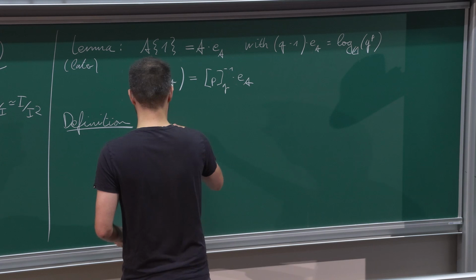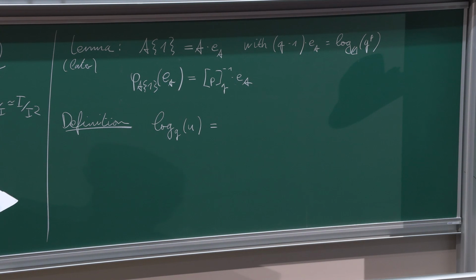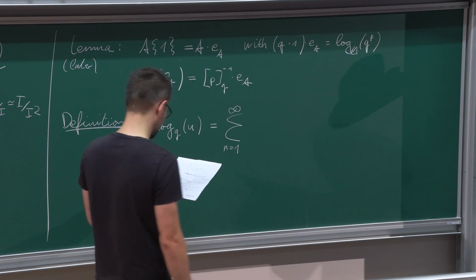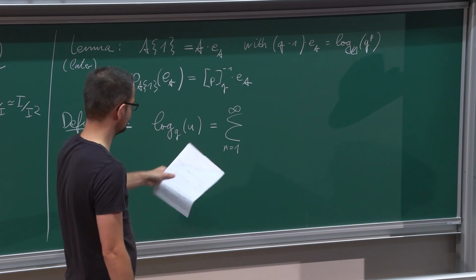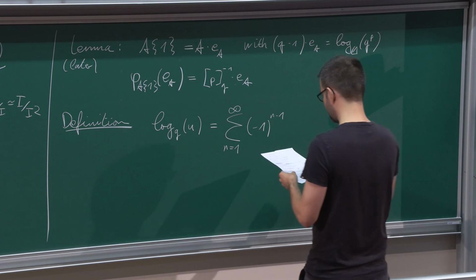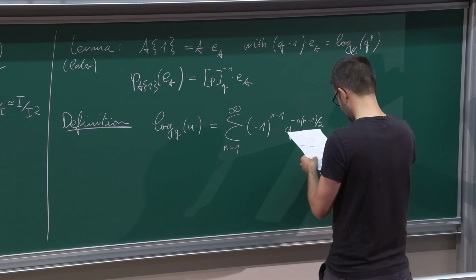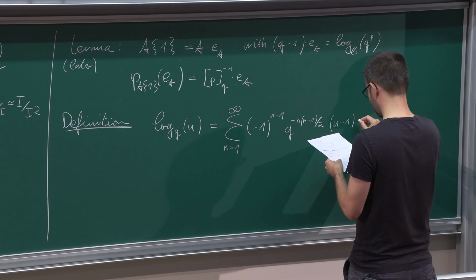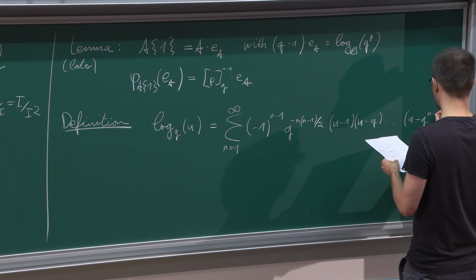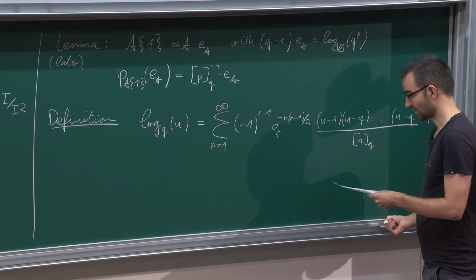So one can write down a concrete power series, which is called the Q logarithm, and that is the following series in some variable u, namely minus 1 to the power n minus 1 of Q to the minus (n minus 1) over 2 times u minus 1, u minus q and so on times u minus q to the n minus 1, divided by the q analog of n.